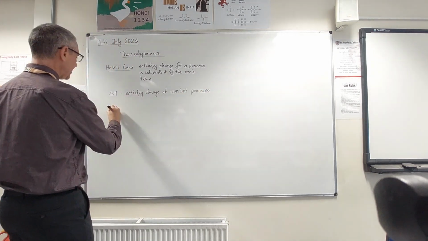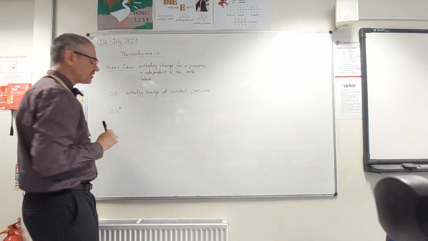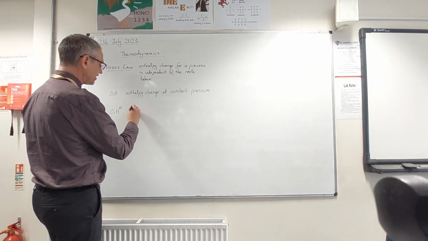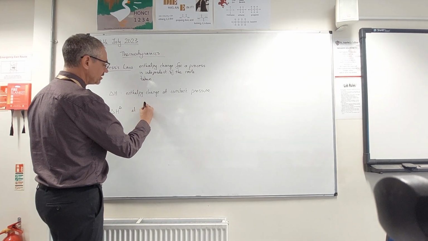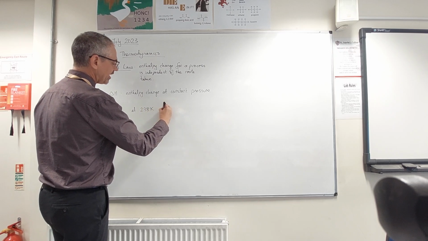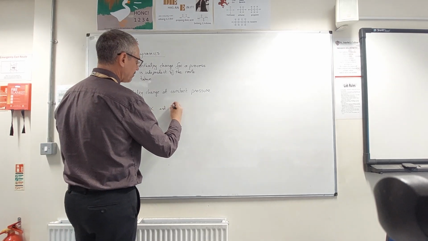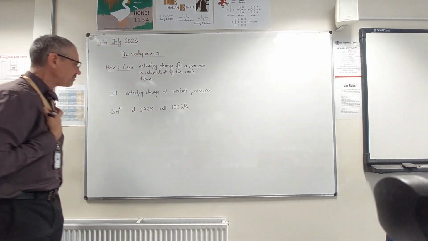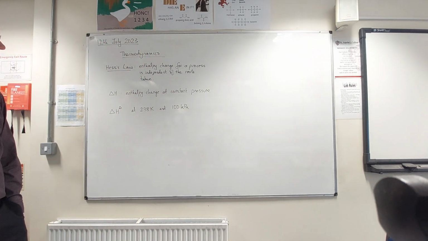And then we have the little London Underground sign, the little standard sign, which means it's done at 298 Kelvin and 100 kPa.